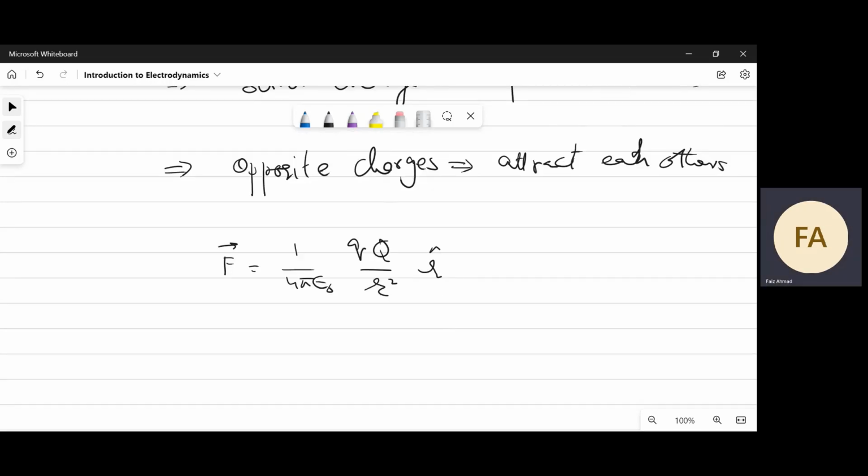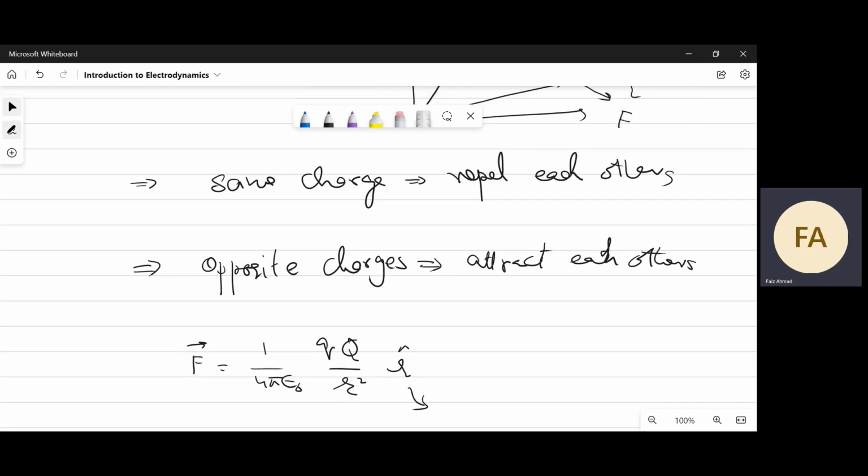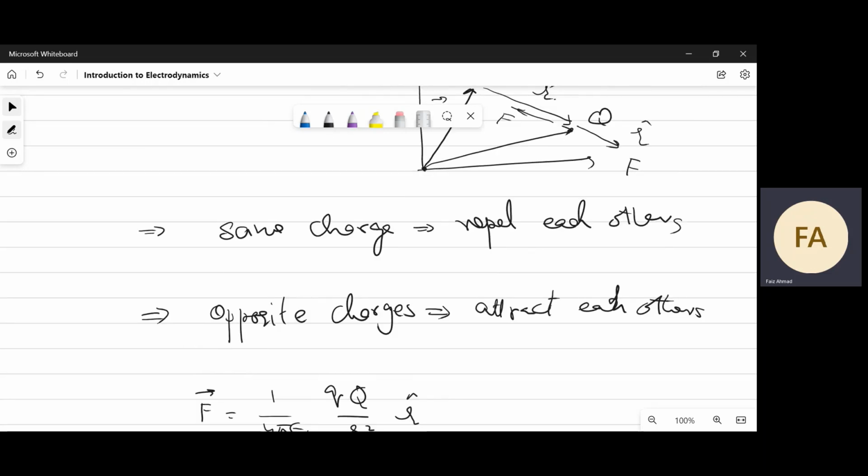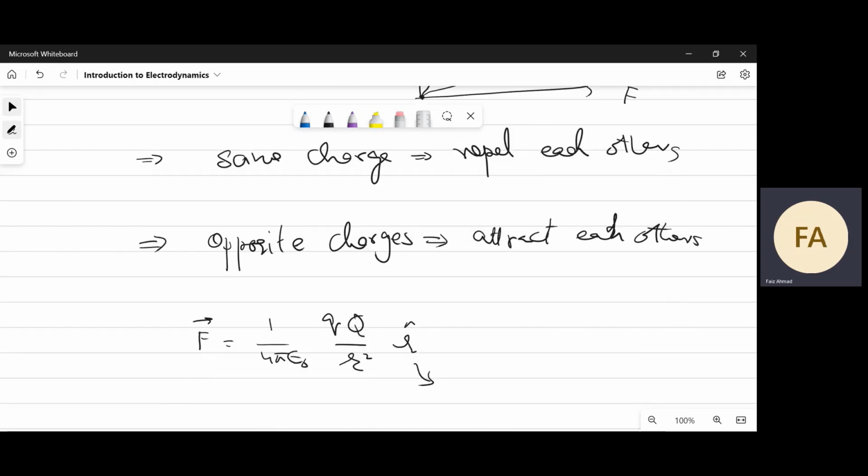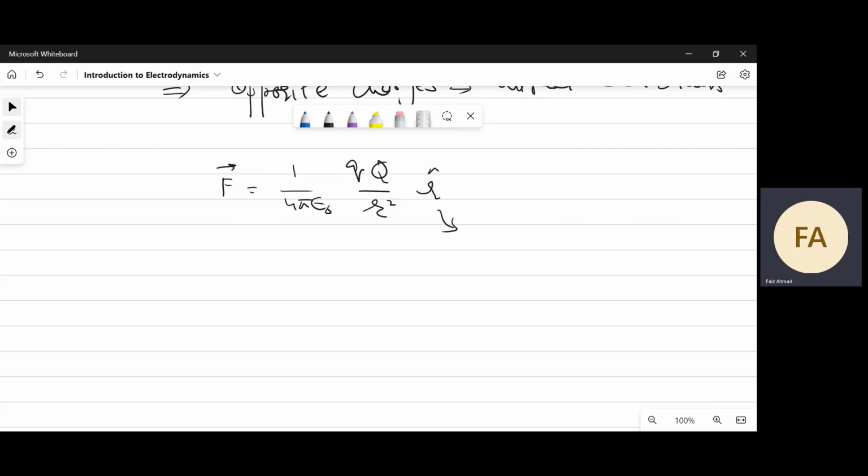In other words, if you have the same charges, this R is positive, increasing outward, and if we have opposite charges there will be a negative sign, meaning inward or in the opposite direction. The better way to understand is just to see the charge polarities, and then you can decide the direction of the force.